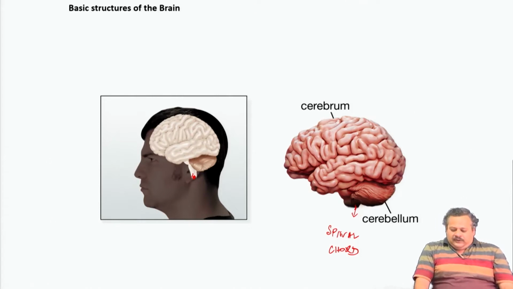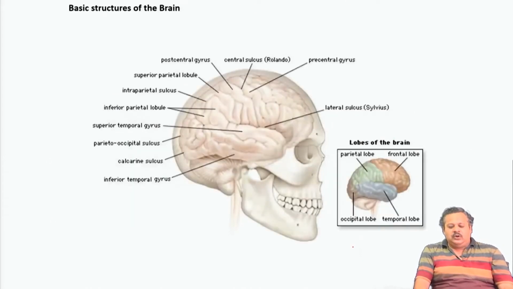Now if we look at the entire cerebral cortex or cerebrum, you will see that there are multiple different kinds of sulci and gyri. The sulci are the indentations that are formed in the brain structures, and they separate different gyri, the regions that contain the cortical structures.